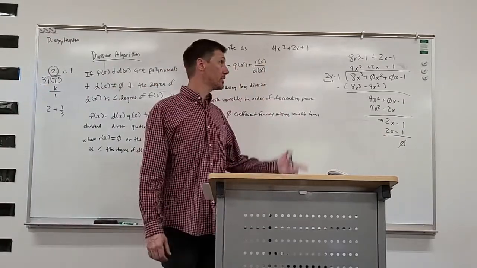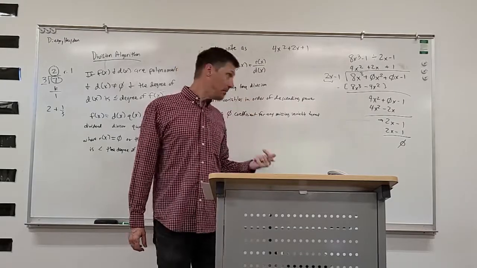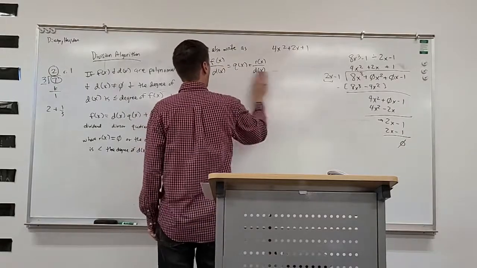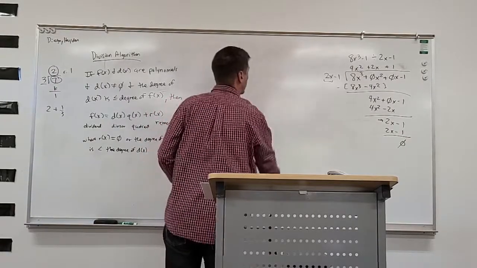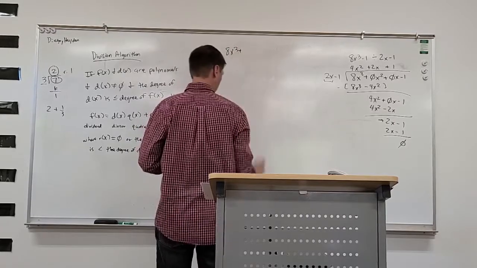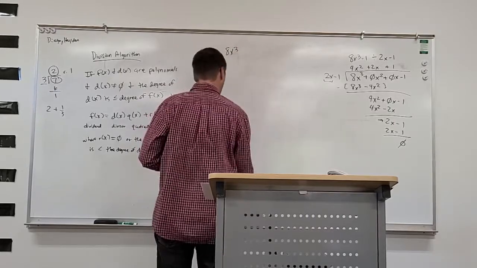All right, so what does that mean is actually a 0 of our function, for the function 8x cubed minus 1?